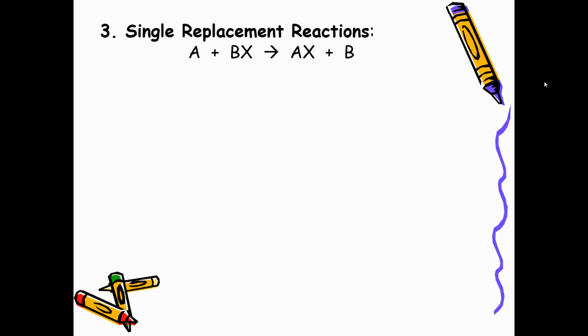So whatever your single element is, it will always be a single element or a simple diatomic. So it's going to be one single thing, Na, for example, or it could be Br2 or I2 or any of those diatomics. So it's either going to be a single element or a simple diatomic, and then you're going to have a compound.